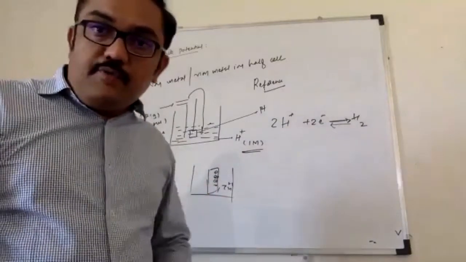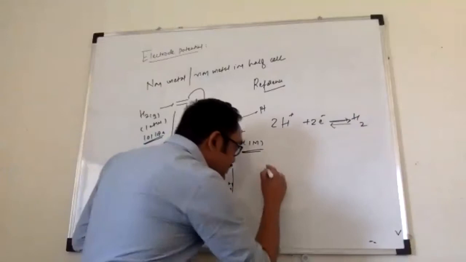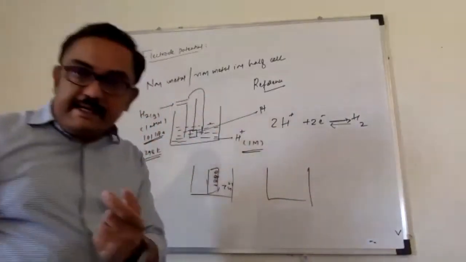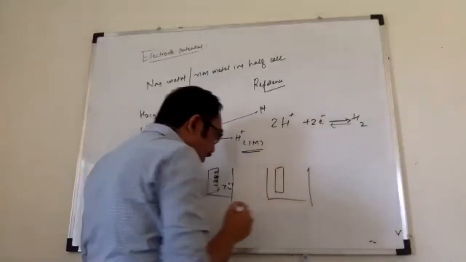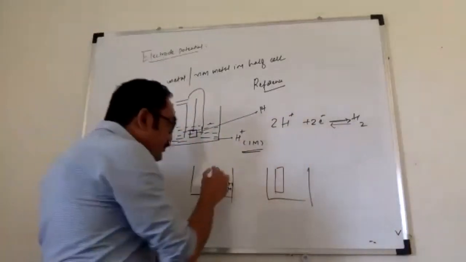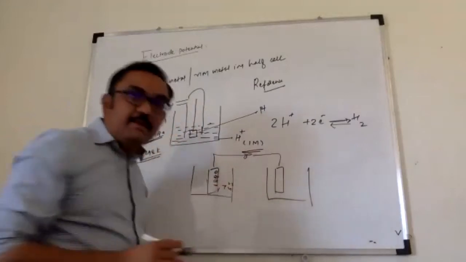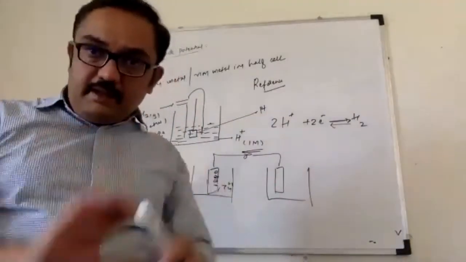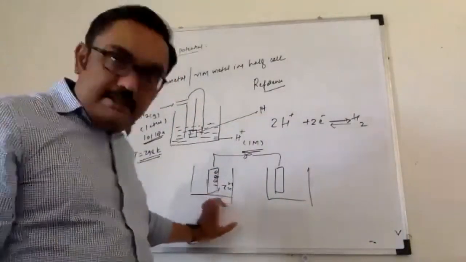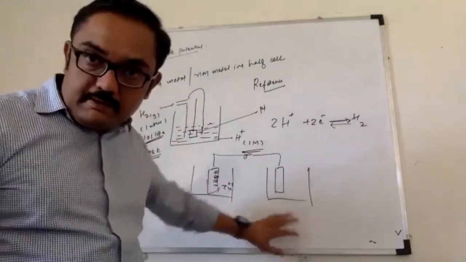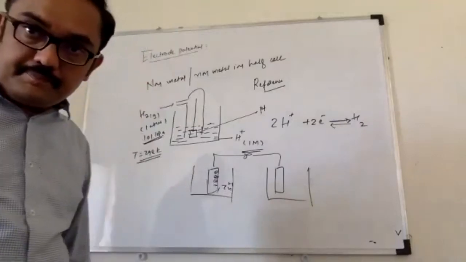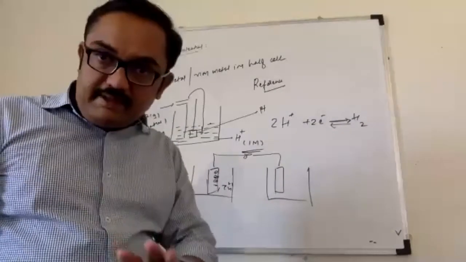So I need to join the system with some other system which I can take as a reference. Then the electrons move from one system to another, and I can measure the electrode potential relative to this reference, relative to this standard. Are you getting what the reference electrode is?